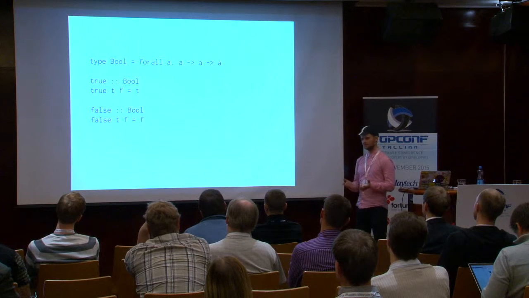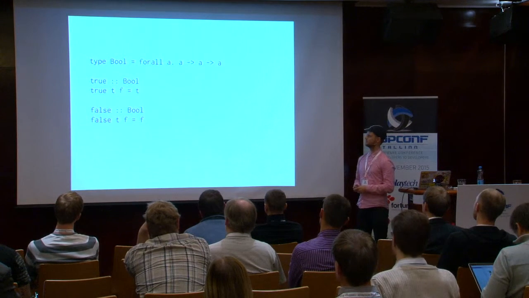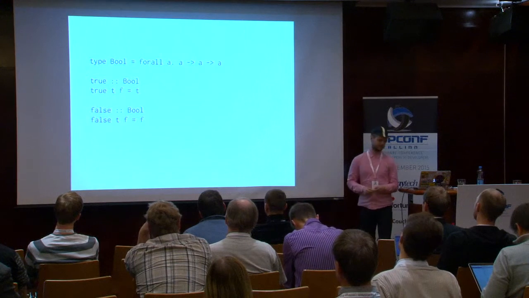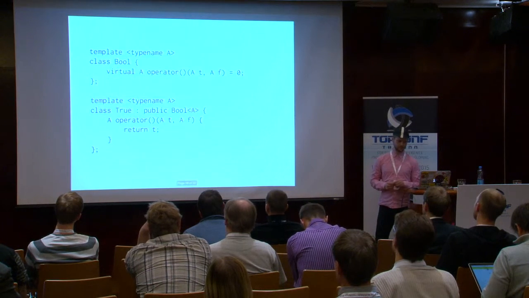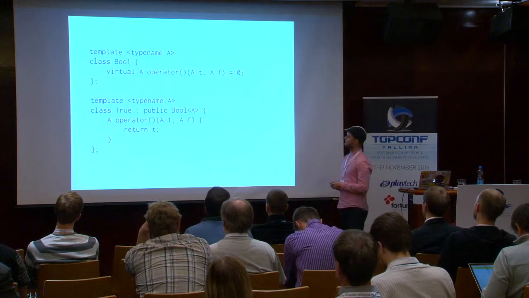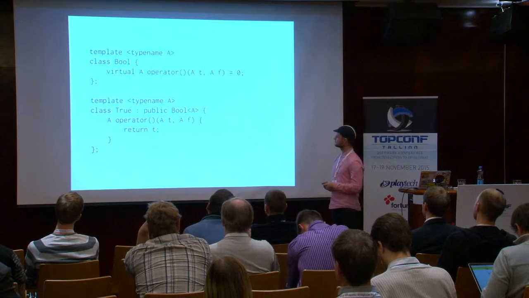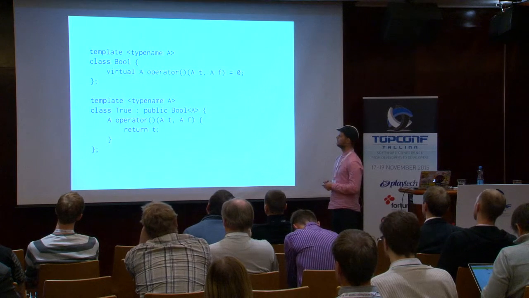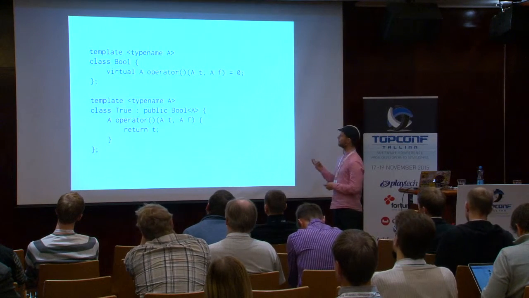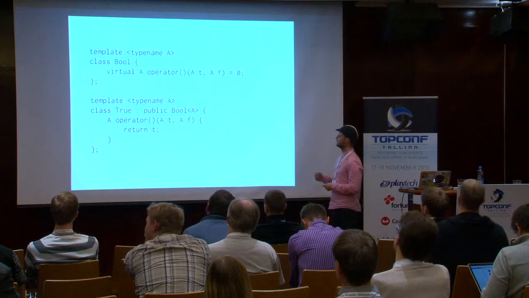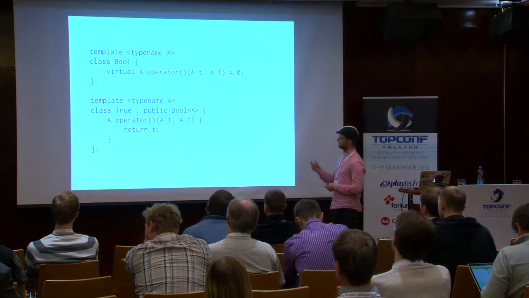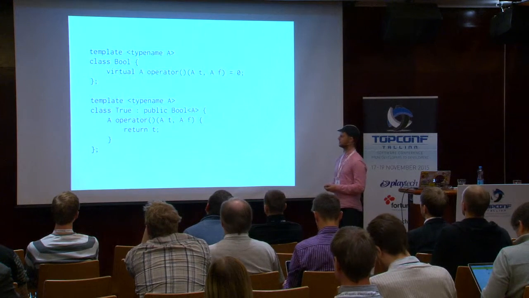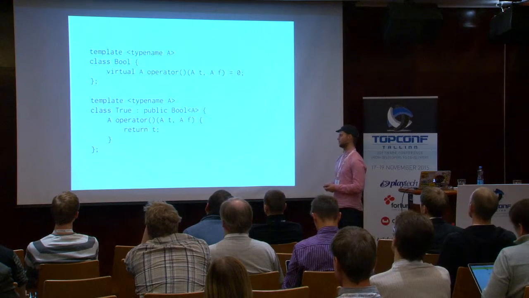So in essence, if your language only has functions, you can still do everything. But the same is possible with C++. If I have a parent class Boolean, which has only one operator which also takes two arguments, and then I could have a subclass true, which will return the first argument.